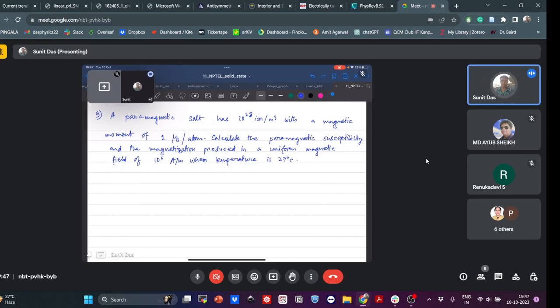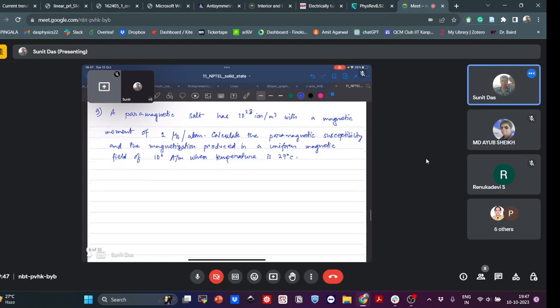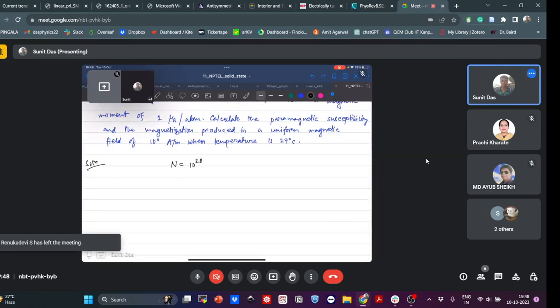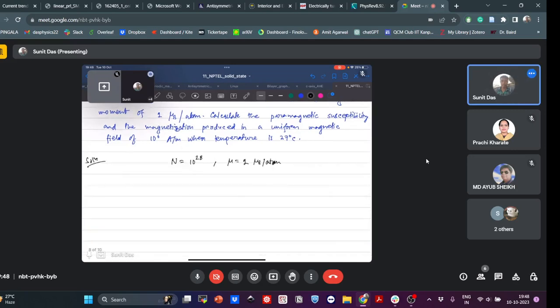Okay, so let me solve it. So what we have: number of ions is 10 to the power 28, and each atom contributes 1 Bohr magneton, and the uniform magnetic field H is given as 10 to the power 6 ampere per meter.